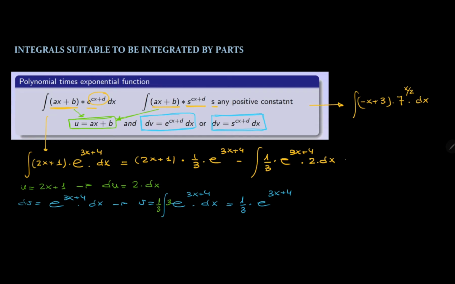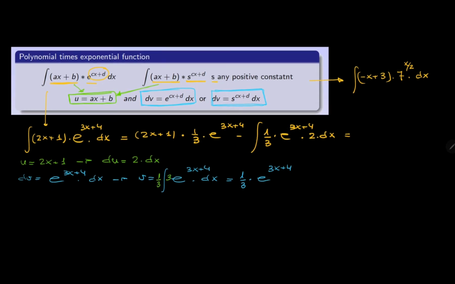And now I can reorganize all these elements and do the final integral. So first part, I've got 1/3 times 2x plus 1 times e raised to the power of 3x plus 4 minus, I write 2/3 outside, then I leave some room for the constant that I need.